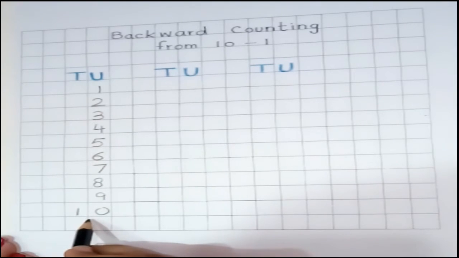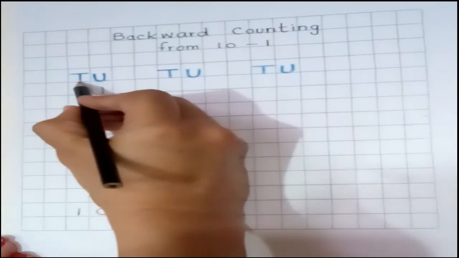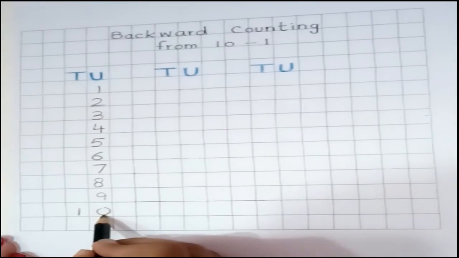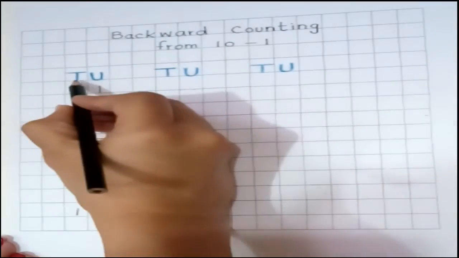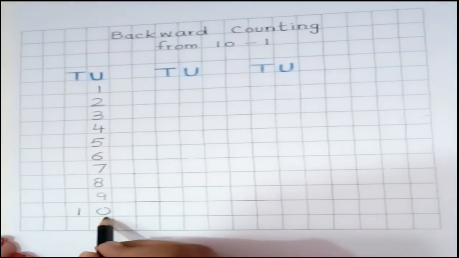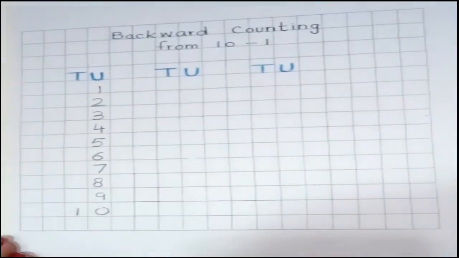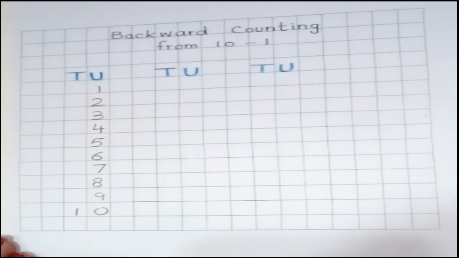That's why we will write it in the tens column. 1 tens, 0 unit. This is how you write forward counting from 1 to 10.